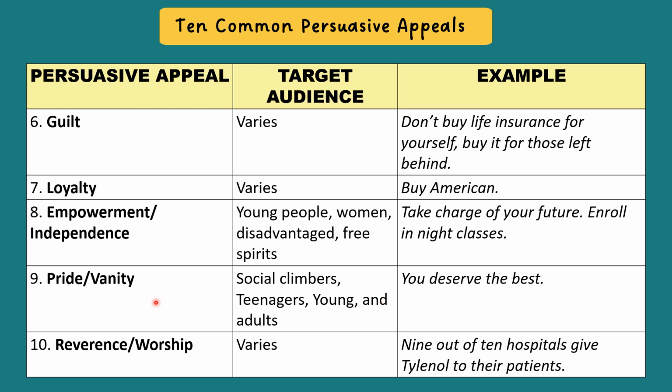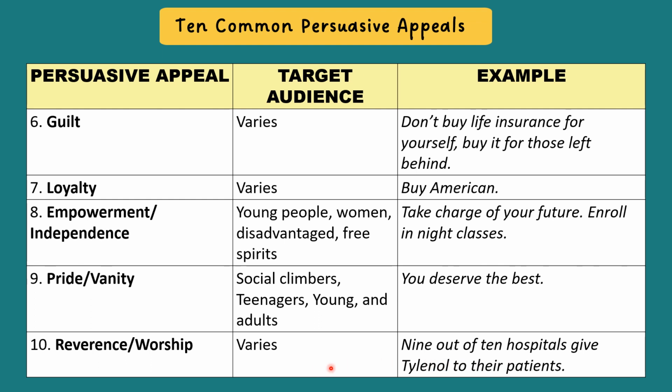And then the last common persuasive appeal mentioned in the module is reverence or worship. The target audience is anyone. Example, 9 out of 10 hospitals give Tylenol to their patients.